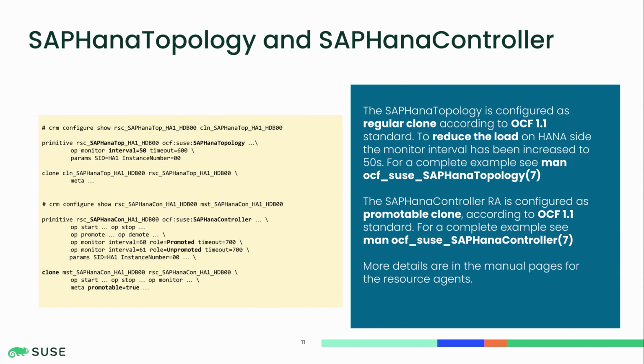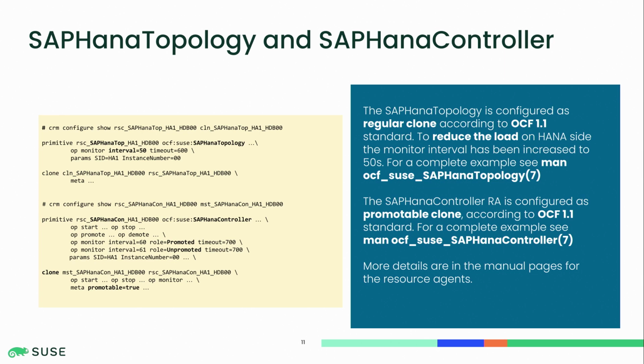So we sometimes had a bit of a race on HANA, or at least a big pressure on HANA. I don't know why a fast database gets pressure if I ask it simple questions, but it is that way. So we decided to have, I think, a 5 times slower interval here, and to do more things in the SAP HANA controller resource agent to get independent, as we already discussed.